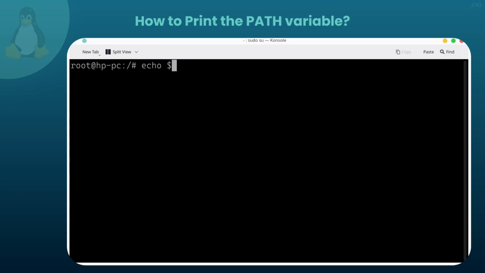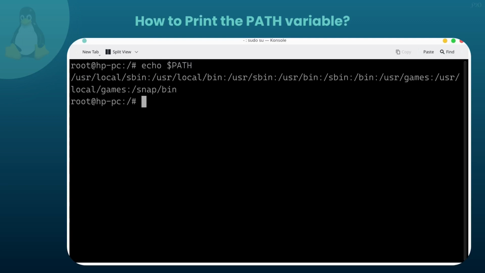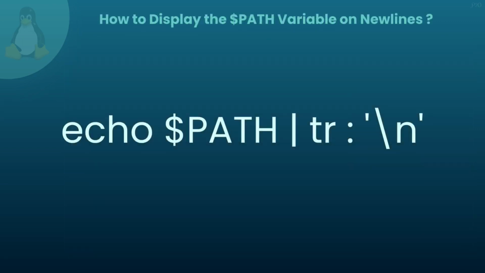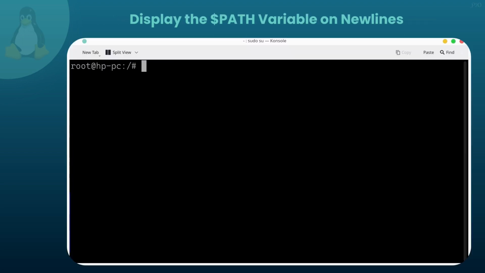If you want to display the directories in the path variable on separate lines, you can use a more improved command like this. It replaces the colons in the path variable with new line characters, resulting in each directory being displayed on a new line.